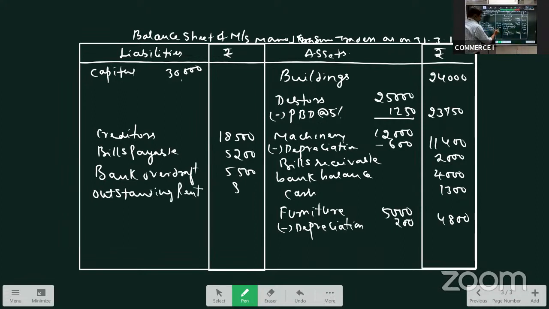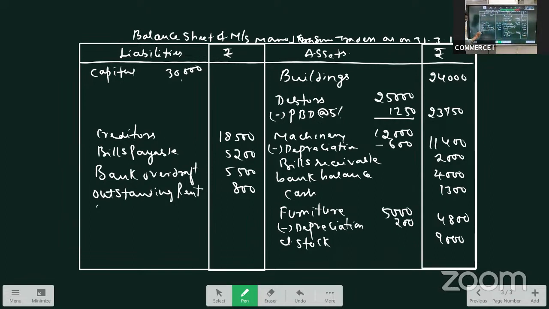Outstanding rent 800. Okay. Now let us see the adjustment entries. Closing stock. Closing stock will appear on the asset side. Two effects, no? Once we have taken this on the credit side of the trading account, and second, it will be shown as an asset.